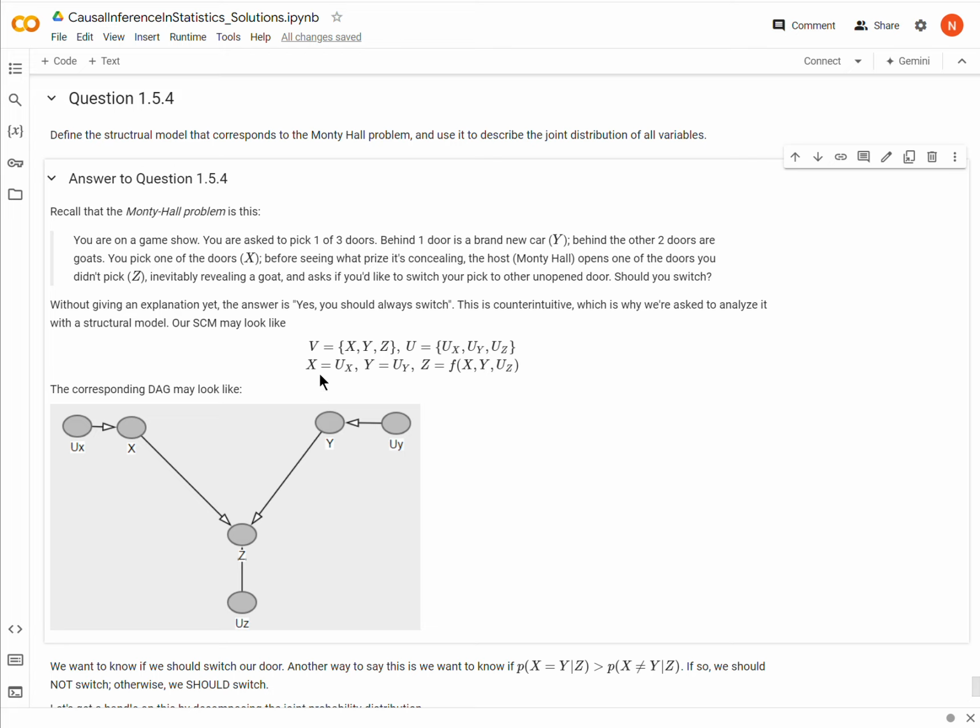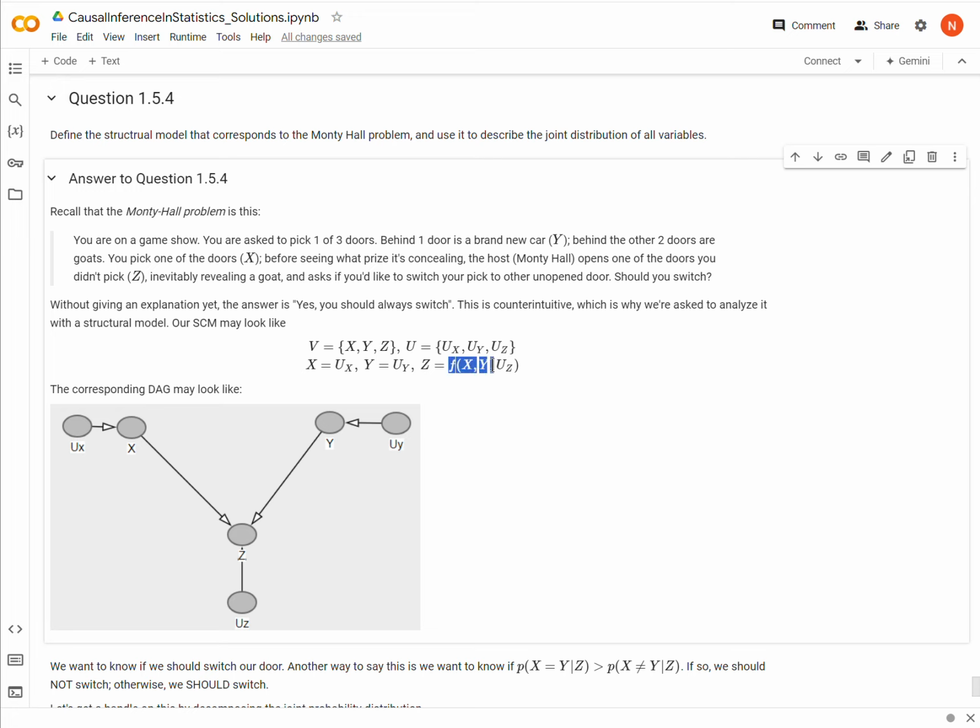Now, the formulas for X and Y are just things that we can't model, U of X and U of Y. In other words, the thing that you pick, there's no other variables in here that are explaining why you pick what you pick, and there's no variables explaining why they chose the door to put the car behind. But now Z, the door that Monty Hall opens, is a function of X and Y as well as U of Z.